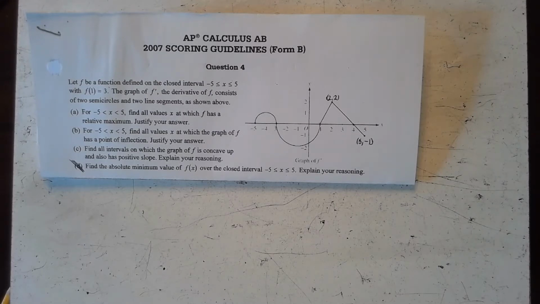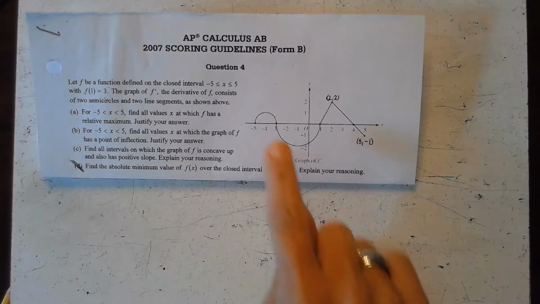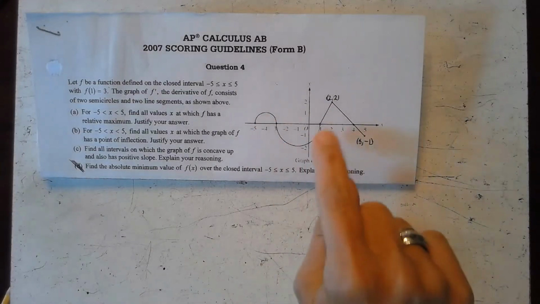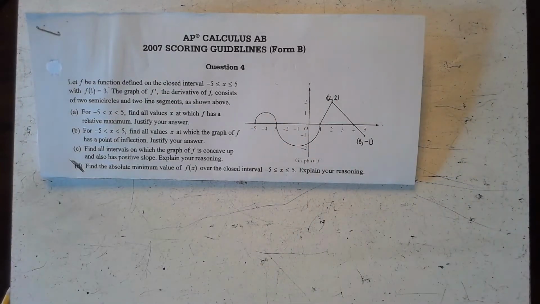Let f be a function defined on the closed interval from -5 to 5, and then notice it's a closed interval, with f of 1 equaling 3, and the graph of f prime, the derivative of f, consists of 2 semicircles and 2 line segments as shown above. Okay, so semicircle, semicircle, and you got 2 line segments.